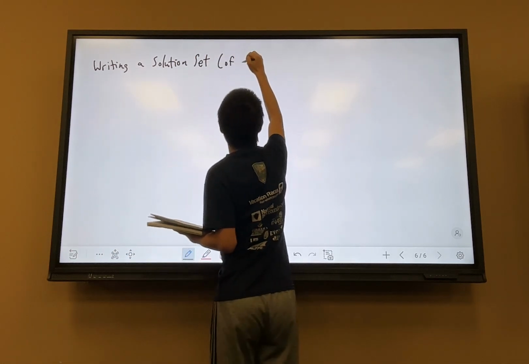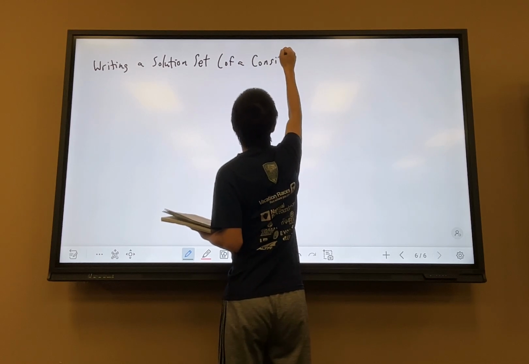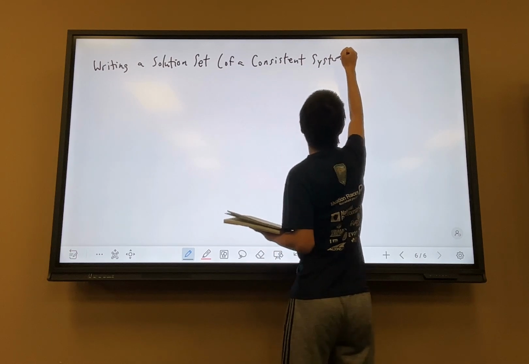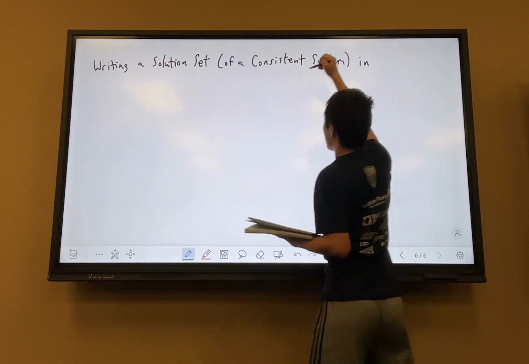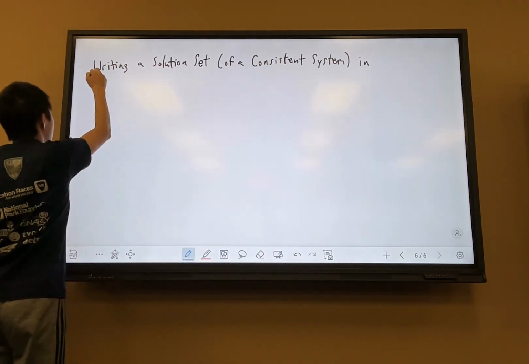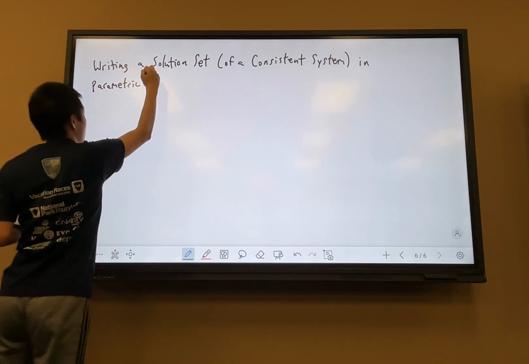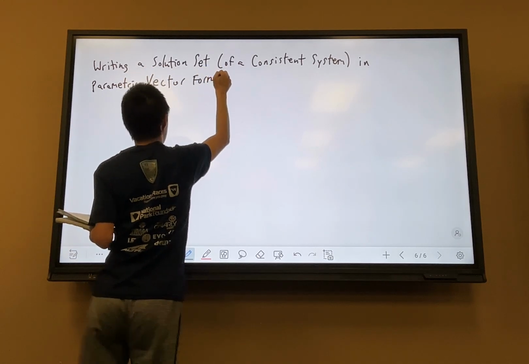So we don't want inconsistent. So of a consistent system in parametric vector form. You're going to need to know how to do this.